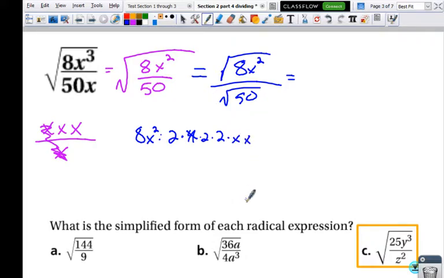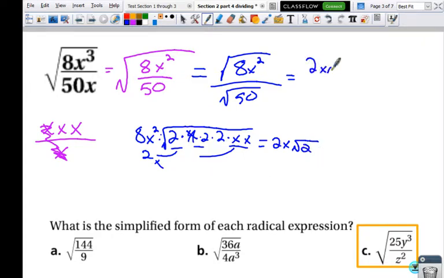So I'm going to toss my square root back here, and I'm just going to keep simplifying. What's going to get kicked out? 2 and an x are going to get kicked out, right? So I'm going to have 2x, and then square root, and I got a 2 left over. So I'm going to go 2x square root of 2 right there.